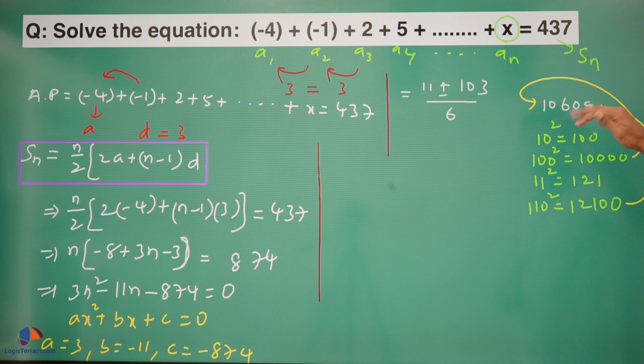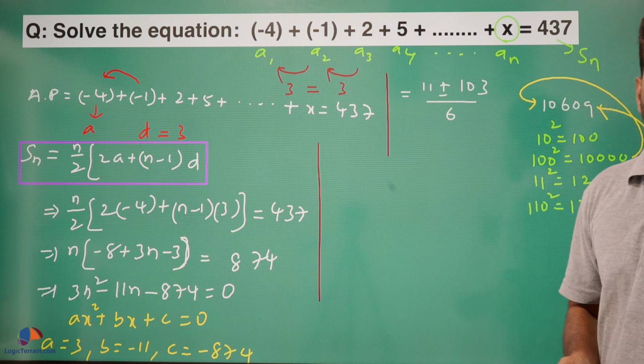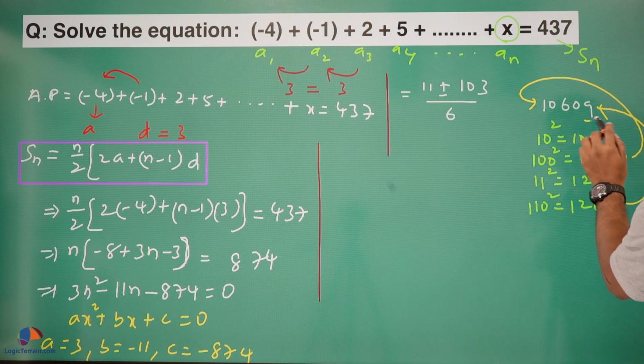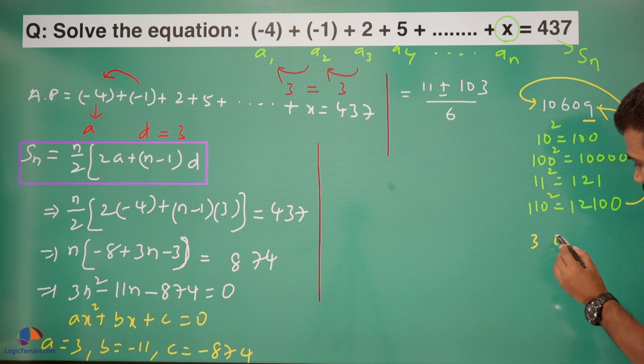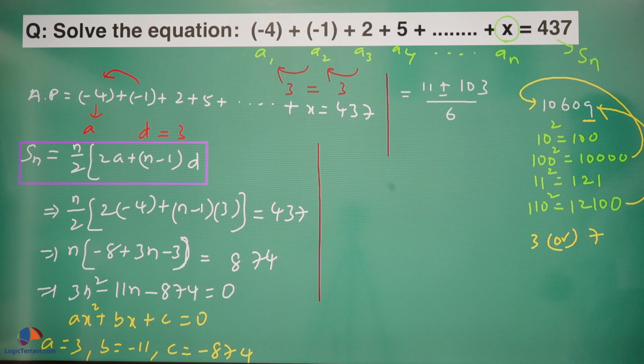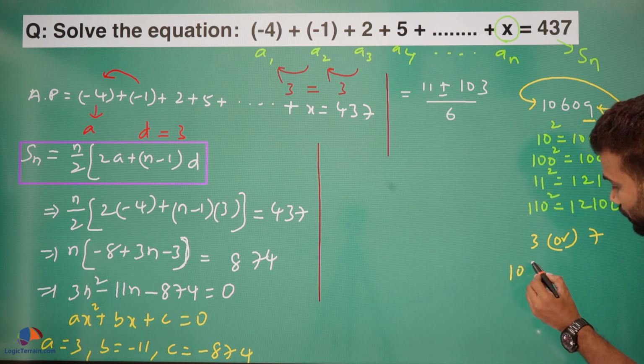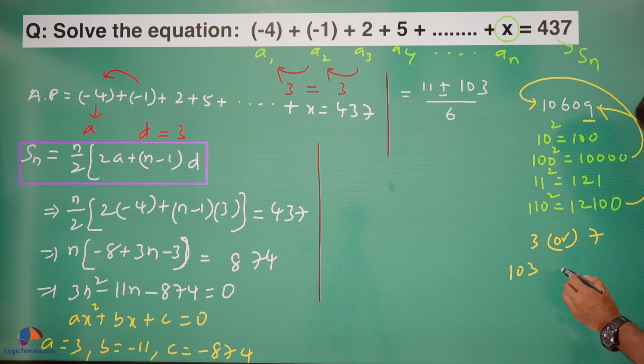And here you need to know some basic rules: this number ends with 9, whose square root ends with either 3 or 7. So therefore the only possible numbers are, what are they? 103 or 107.